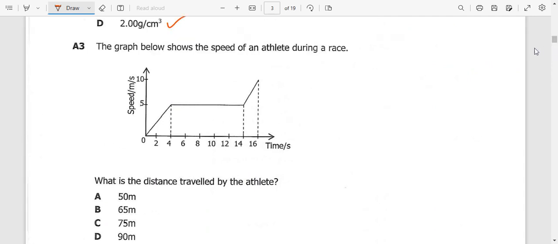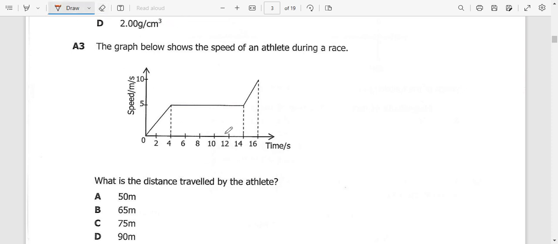Okay, let's consider this one. The graph below shows the speed of an athlete during a race. You've been given the speed-time graph. The question is asking what distance was traveled. If you find the area under a speed-time graph, that gives you the distance someone covered.